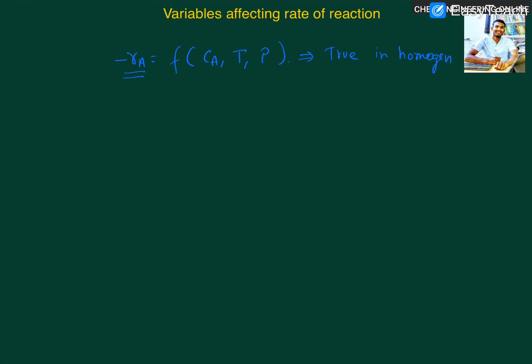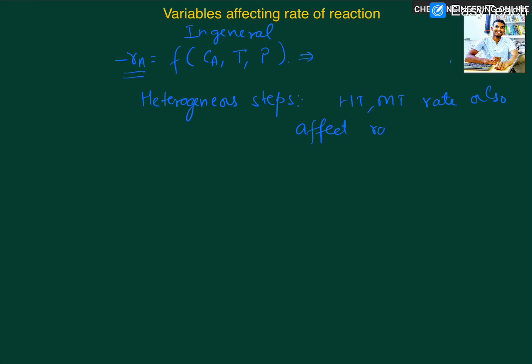That means in general we can say this is in general. But when heterogeneous reactions are involved, heterogeneous steps means heat transfer and mass transfer rates also affect the rate of chemical reaction.